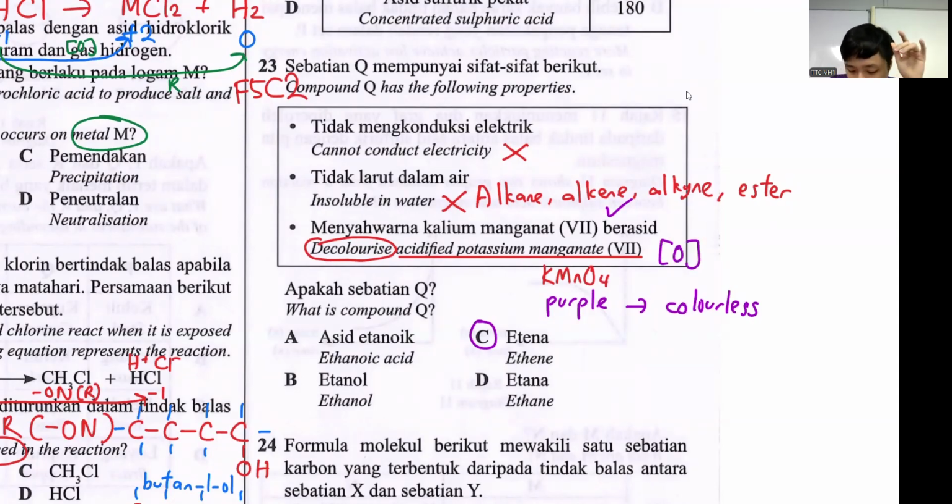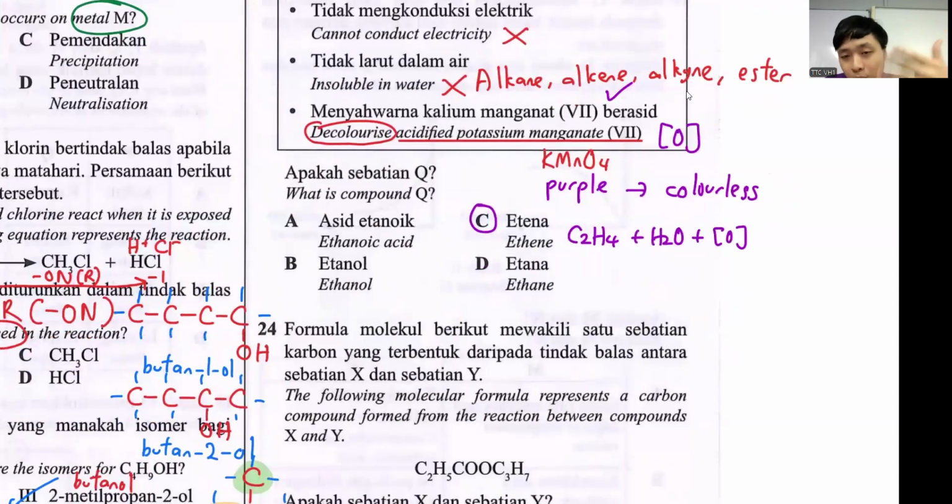Example, C2H4 can react with water, with oxygen, with the KMnO4. In SPM, the equation is like this. Wait, where did it go?